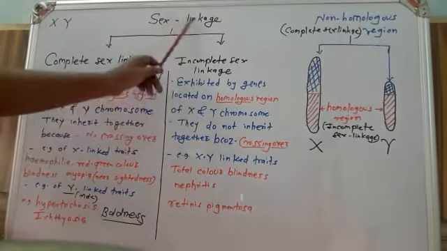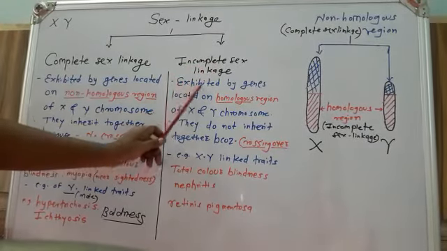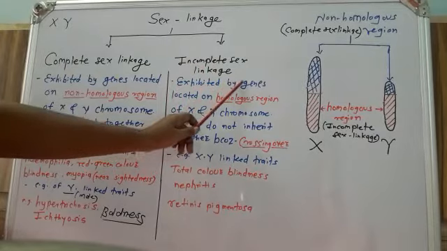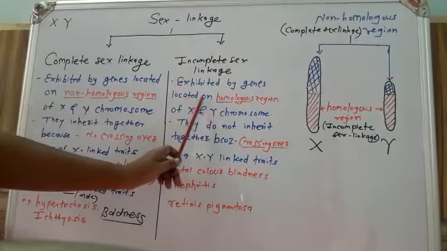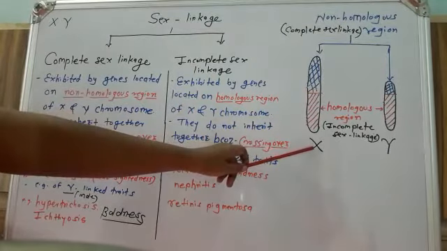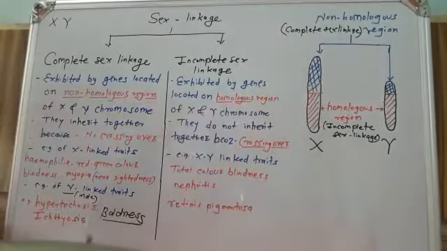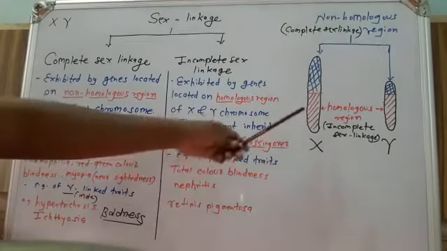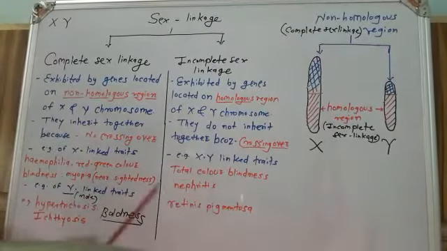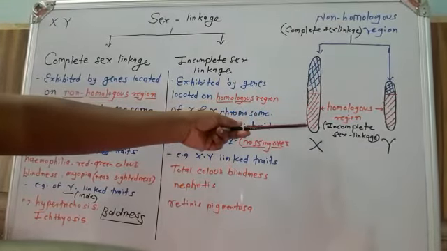The second type of sex linkage is incomplete sex linkage. Incomplete sex linkage is exhibited by the genes located on a homologous region of the sex chromosomes, that is the X and Y chromosomes. On the homologous region of both X and Y chromosomes, similar kinds of genes are present, so exchange of genetic material takes place between them.